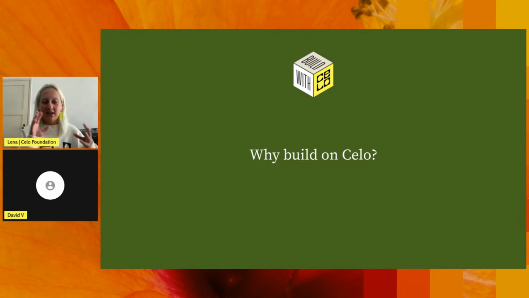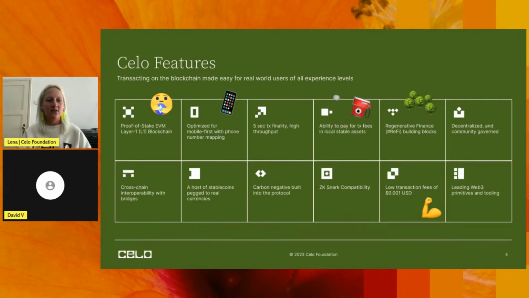Just a little intro for everybody who is new to Celo. I think a lot of people are also joining here today to learn more about Olas. So, quick intro into Celo. Celo is a layer 1 EVM compatible blockchain. We are mobile first, and one of the main very cool things about Celo is that you can pay gas fees in stablecoins.